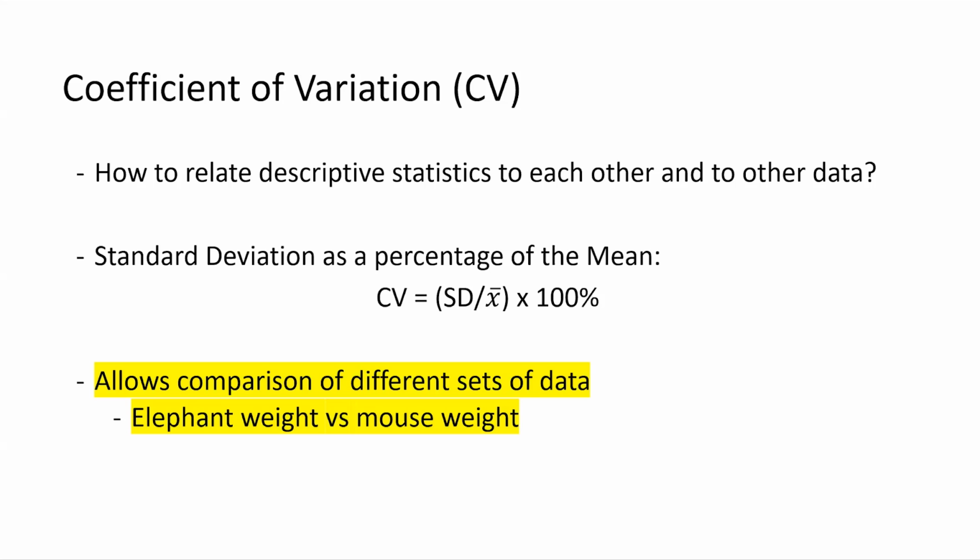It's a 20% variation around the mean. We can now use that 20% to compare to how much variation there is in elephant weight. So that's the main purpose of the coefficient of variation: it changes the standard deviation into a proportion or a percentage of the mean.